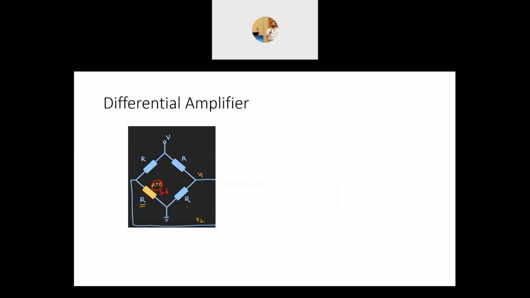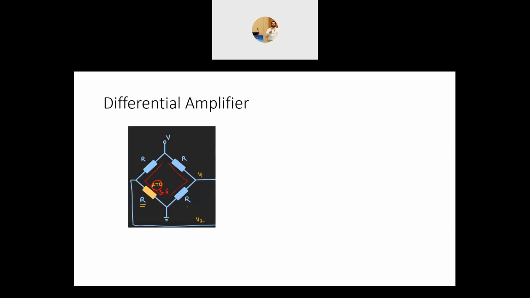Here I show you all the values are the same resistance, but basically the ratio of the first leg, which is this one, if it's equal to the ratio of the other leg, then it will be balanced. If it is balanced, the output voltage, which is V2 minus V1, will be equal to 0.